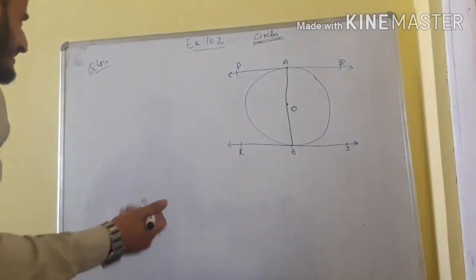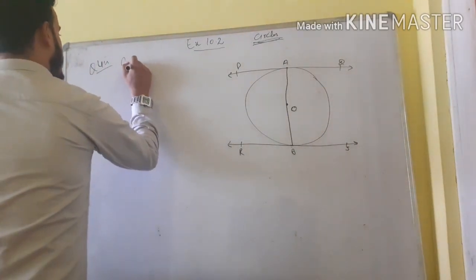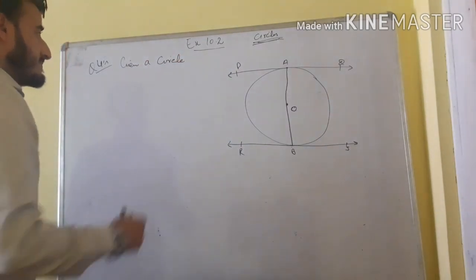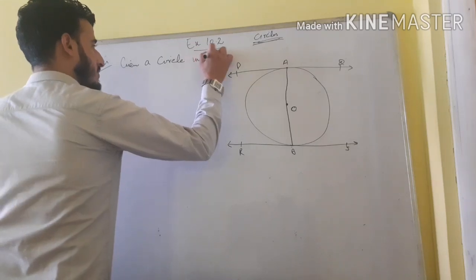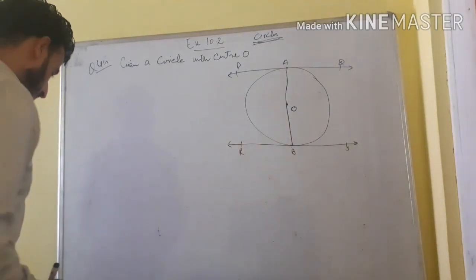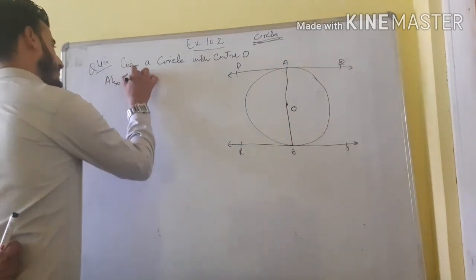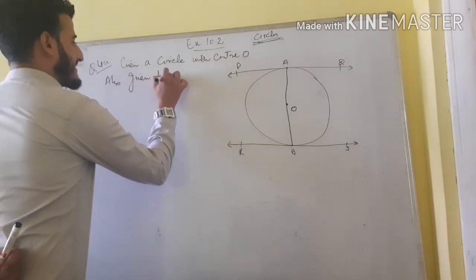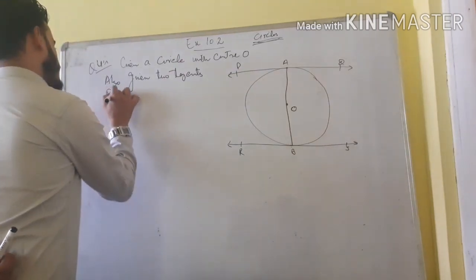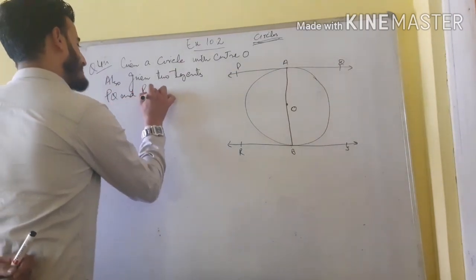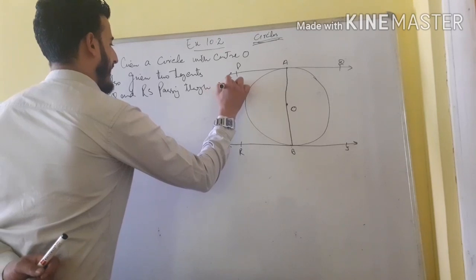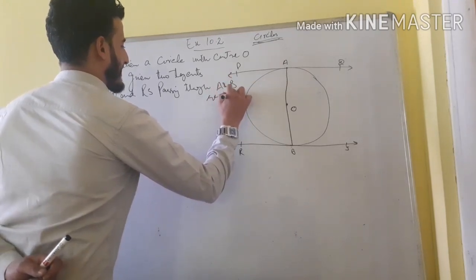Okay, so what is given here? This is an important question. Given a circle with center O. We are given a circle with center O. Also given two tangents PQ and RS passing through A and B respectively.